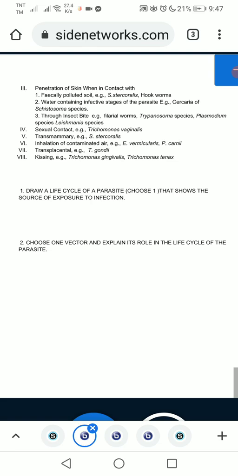Example, Trichomonas vaginalis, transmammary, Strongyloides stercoralis. And tingnan nyo ito, class, it is another development sa life cycle or sa mode of transmission ng Enterobius vermicularis or yung kiti-kiti. They can be transmitted through inhalation. Take note, they can be transmitted through inhalation.